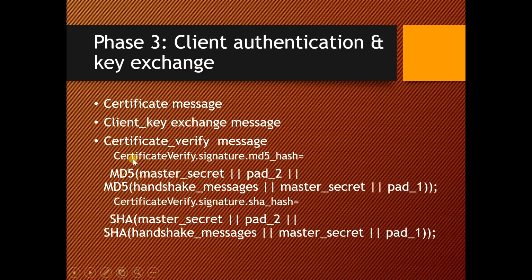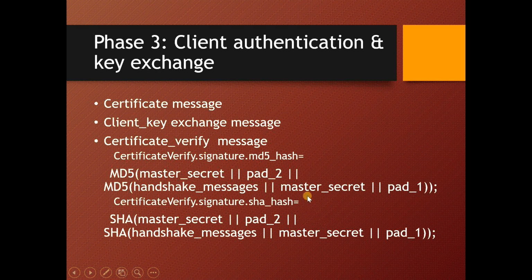You can see here CertificateVerify.signature.md5_hash, which is equal to MD5(master_secret || pad2 || MD5(handshake_messages || master_secret || pad1)), and CertificateVerify.signature.sha_hash, which is equal to SHA(master_secret || pad2 || SHA(handshake_messages || master_secret || pad1)).